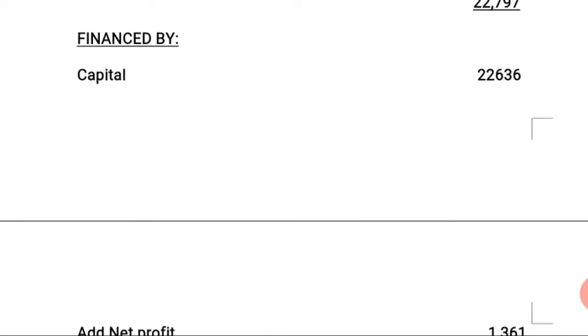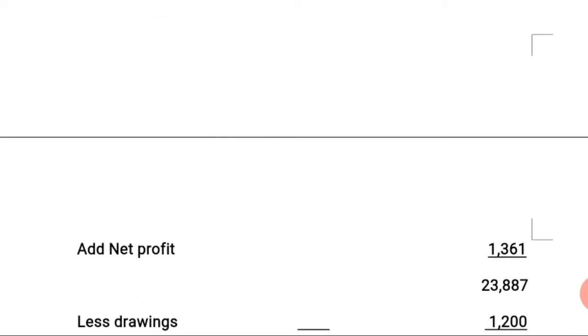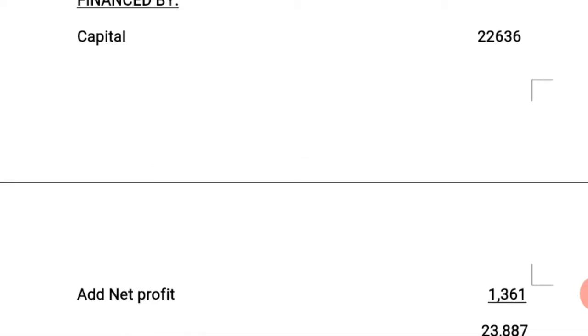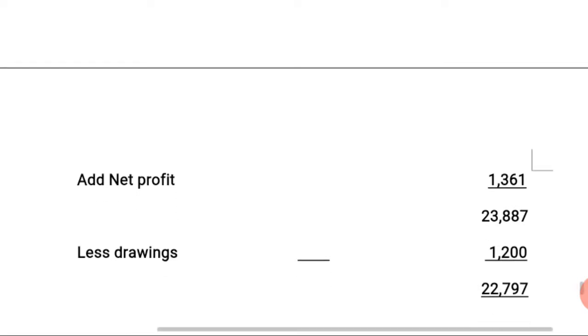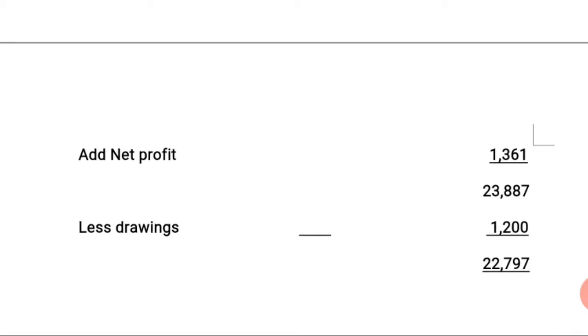So we have capital 22,636 naira. You add net profit of 1,361 to the capital of 22,636 naira. You arrive at 23,887 naira. Then you less drawing of 1,200 naira from 23,887 naira.